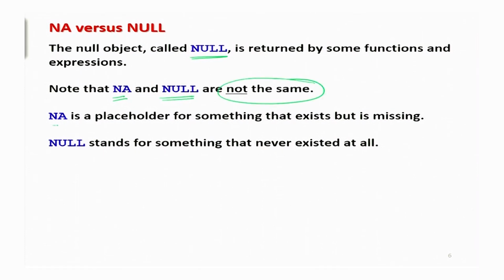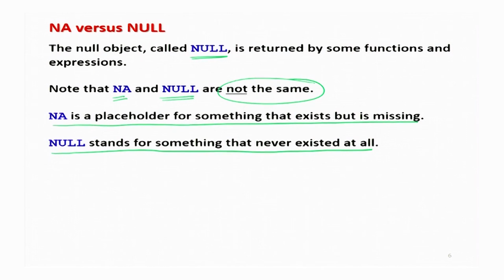Actually, NA is a placeholder for something that exists but is missing, and NULL stands for something that never existed at all. I can take a very simple example to explain the difference between NA and NULL.